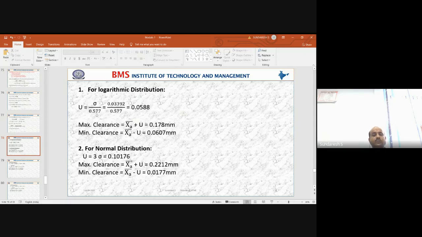So the sigma value we have got, 0.03392, divided by 0.577. You are going to get the value of U, which is 0.0588.